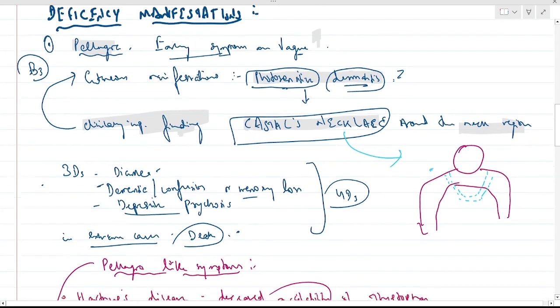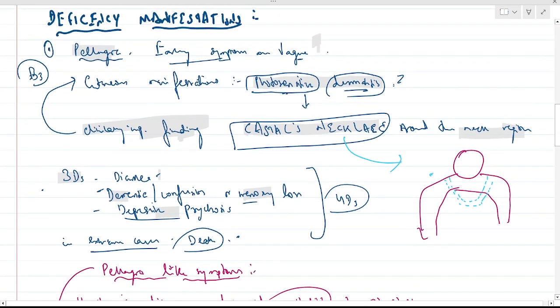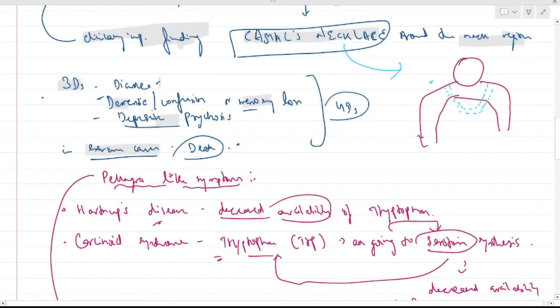Then with pellagra, 3 Ds are associated. There is diarrhea, there is dementia or memory loss, there is depressive psychosis. The patient often undergoes depression. Also you can include dermatitis, which in extreme cases can lead to death.